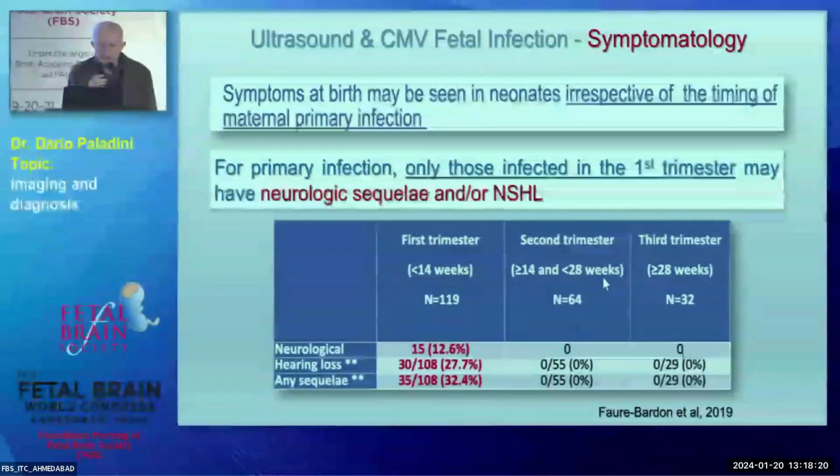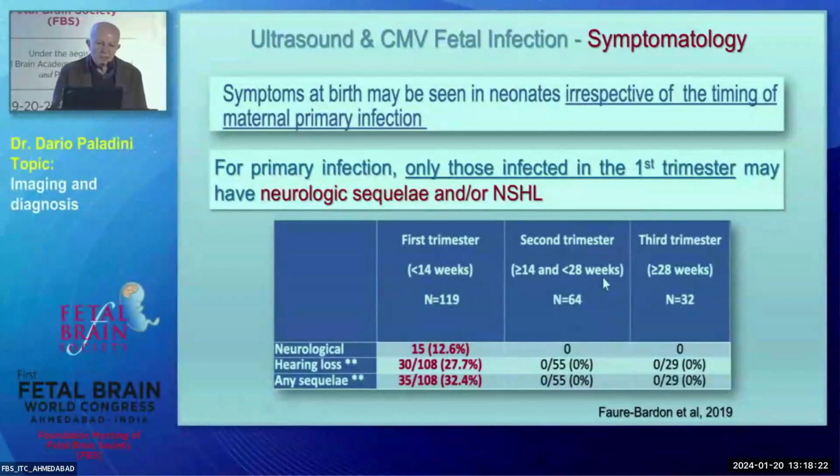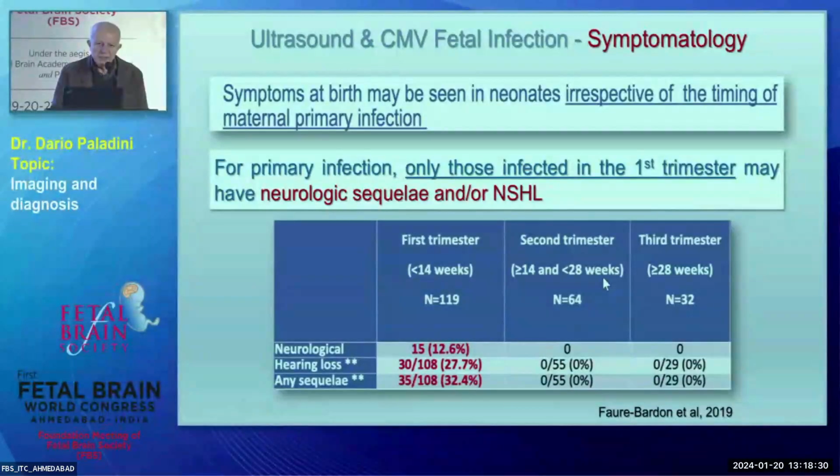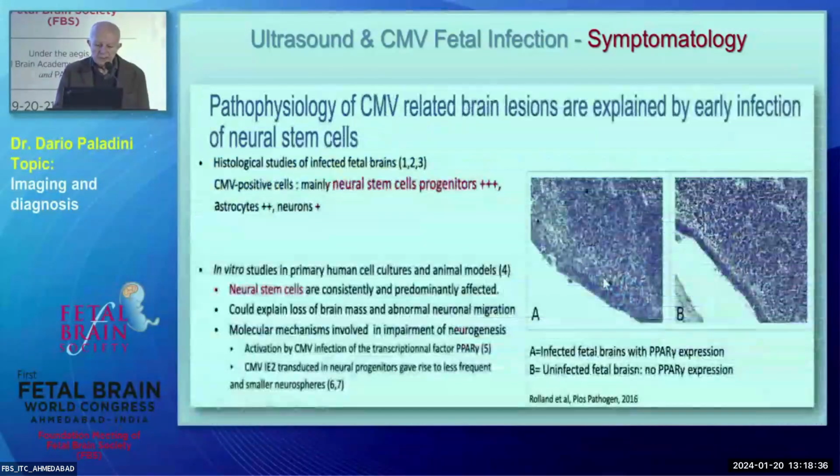There are very strong data published on this issue. So if you have a late seroconversion, and by late I mean second trimester or even later, you can reassure the couple because there is only some concern for neurosensory hearing loss, but not for major cerebral abnormalities leading to neurodevelopmental delay.